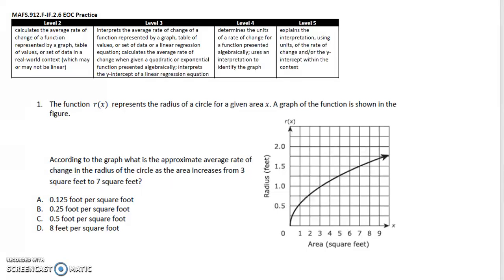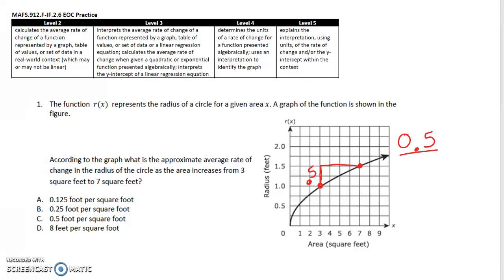All right, so to calculate average rate of change, we need to look at where this is 3 feet and where this is 7 feet. Average rate of change is that slope that we're looking for. So when I'm looking at this graph, my rise is from 1 to 1.5, so my rise is 0.5.